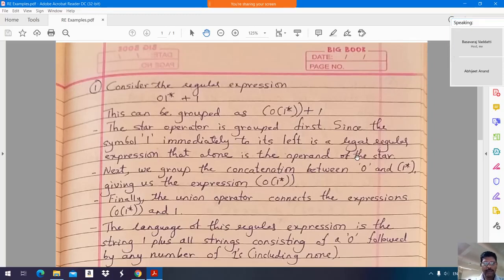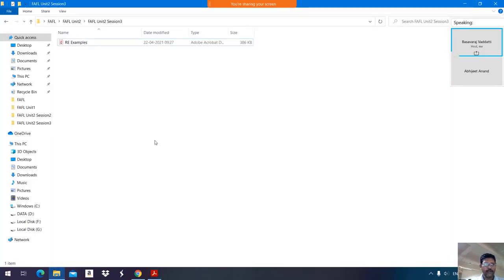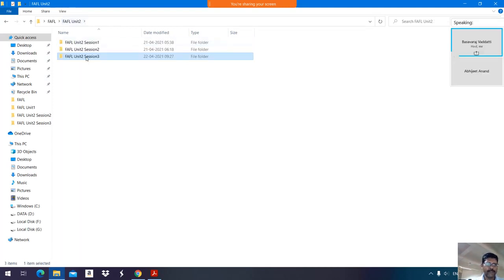In the last class, with reference to this second unit, that is regular expressions, we understood the definition of the regular expression, and also the examples for regular expressions.